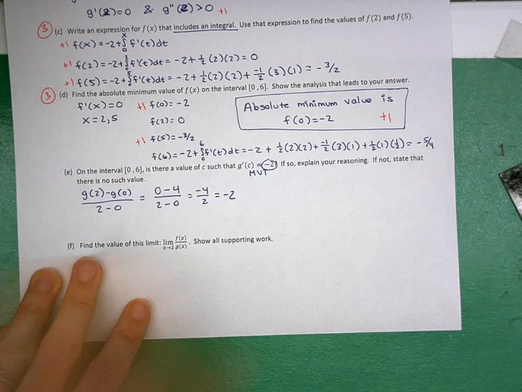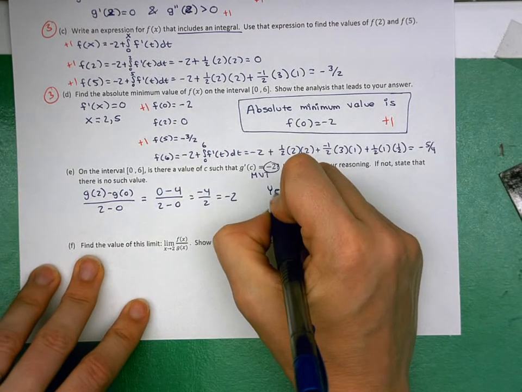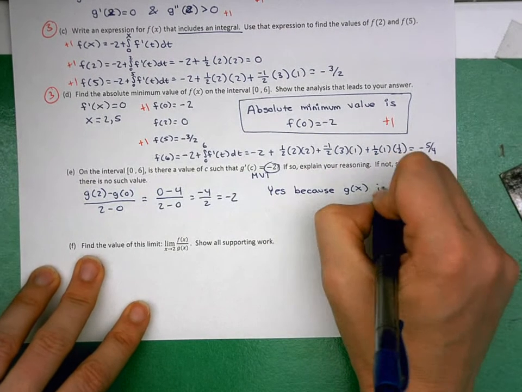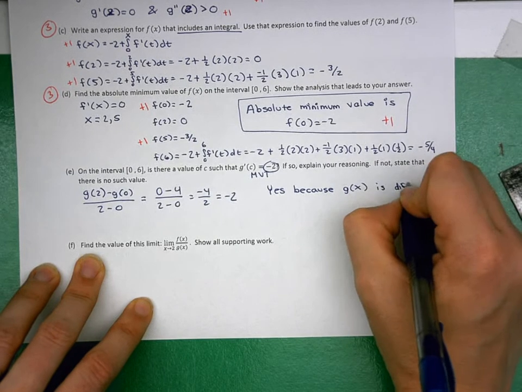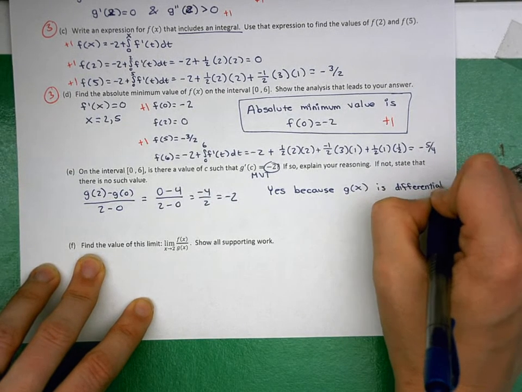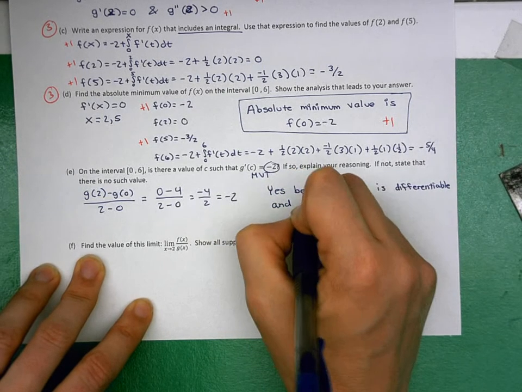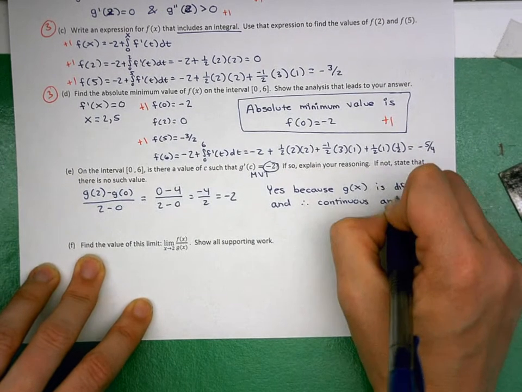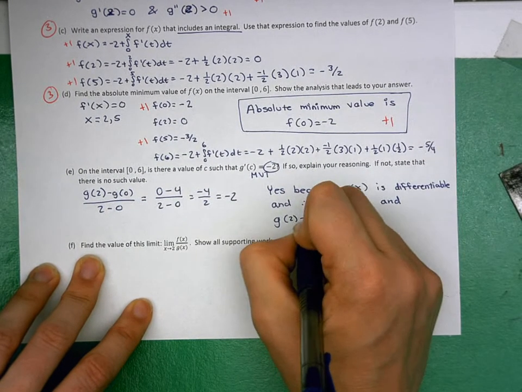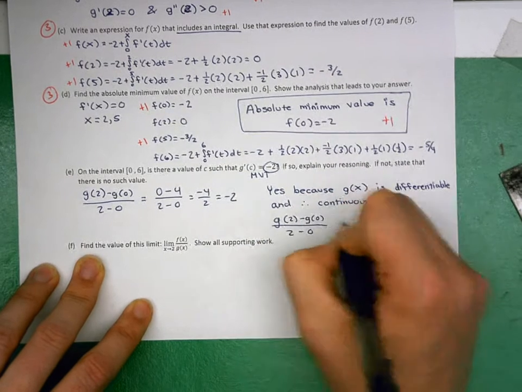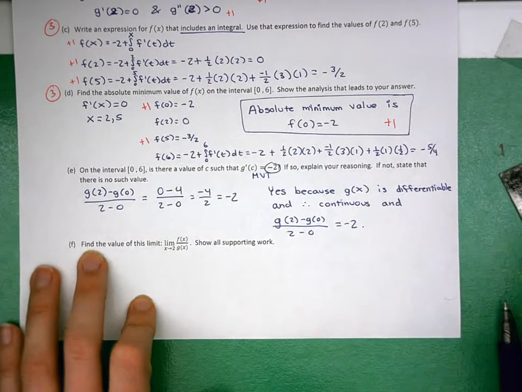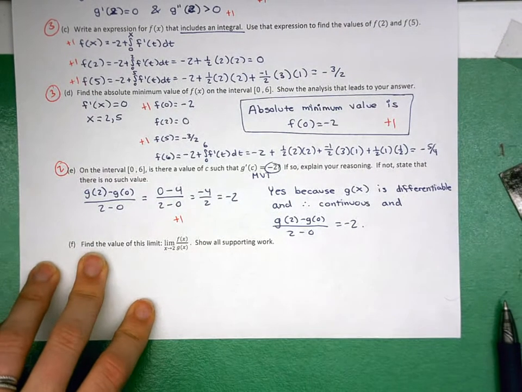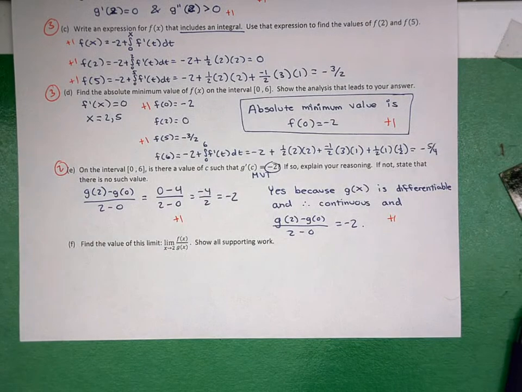And so yes, because g is differentiable, and therefore continuous, and g of 2 minus g of 0 over 2 minus 0 equals -2. Okay? 2 points. 1 for finding that g of 2 minus g of 0 over 2 minus 0, and 1 for your reason with answer, which did have to include the idea that g was differentiable and continuous.